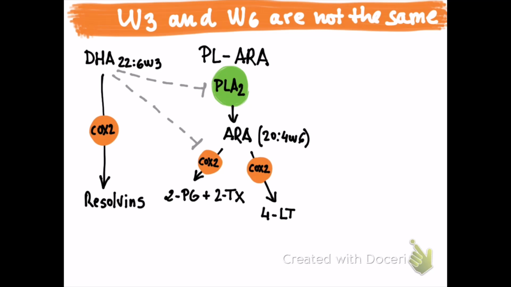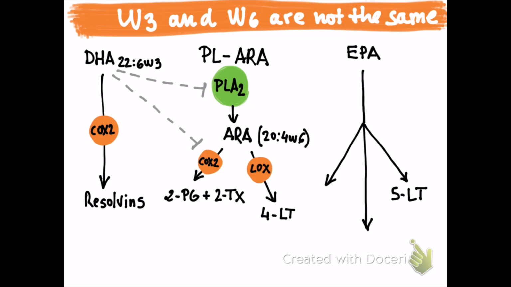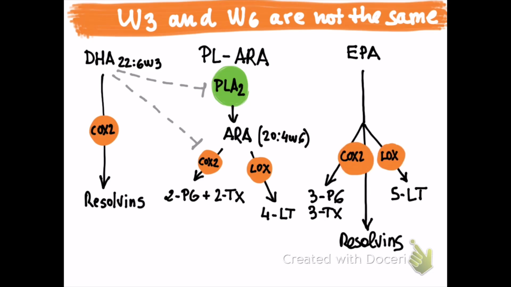On the other hand, omega-6 fatty acids generate pro-inflammatory molecules, while the products generated by omega-3 fatty acids are anti-inflammatory molecules. Proper control of omega-3 and omega-6 levels, therefore, helps to control inflammation.